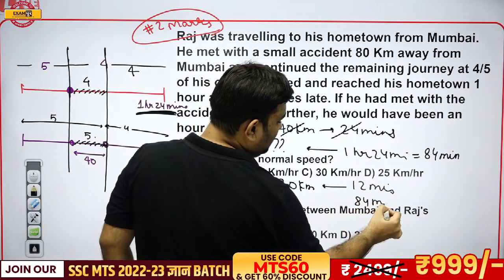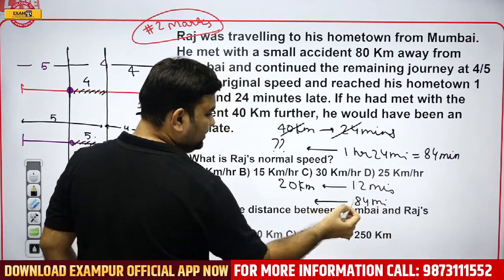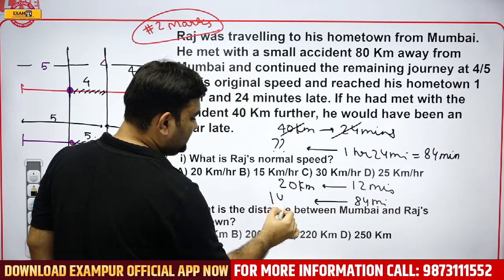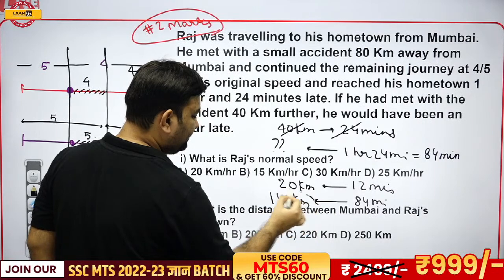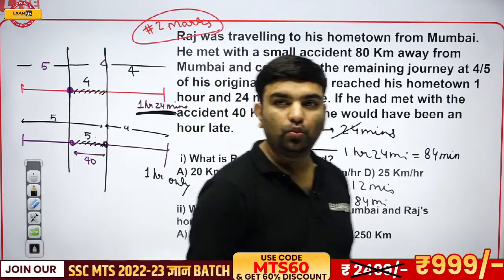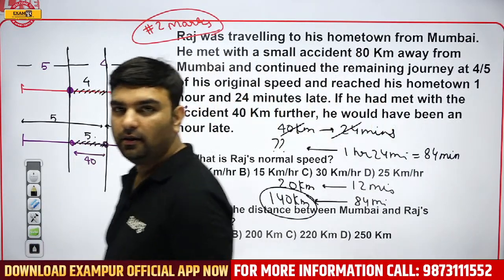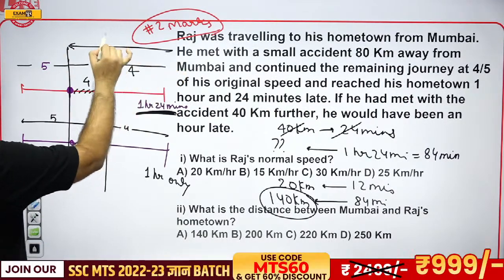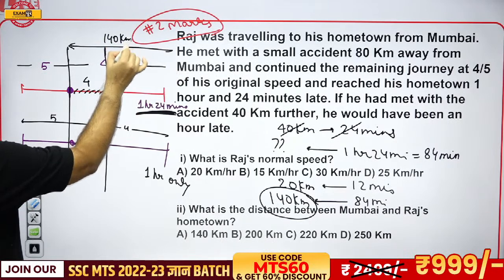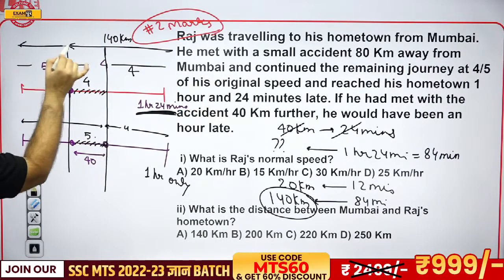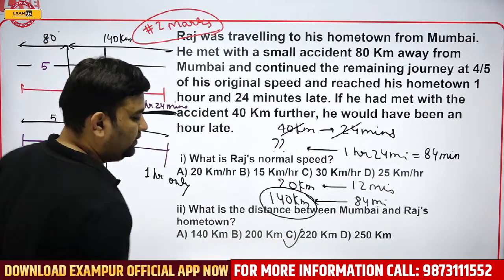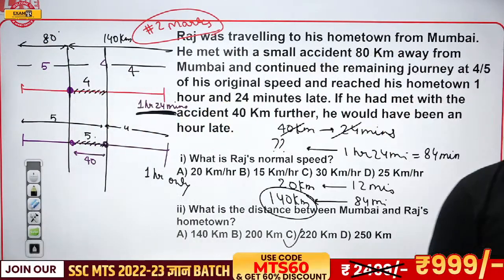So 84 minutes is 7 times of it, so 140 kilometer. So this distance would be 140 kilometer. An accident has happened after 80, so total distance 220.